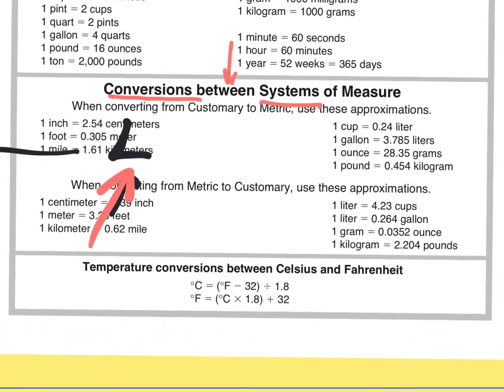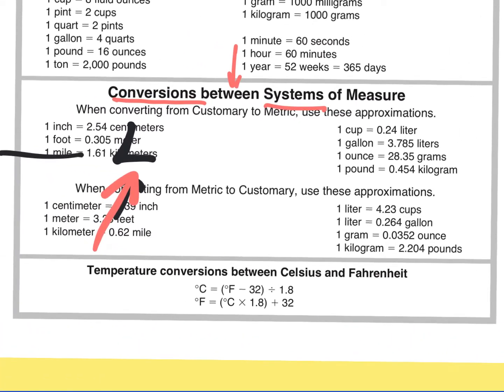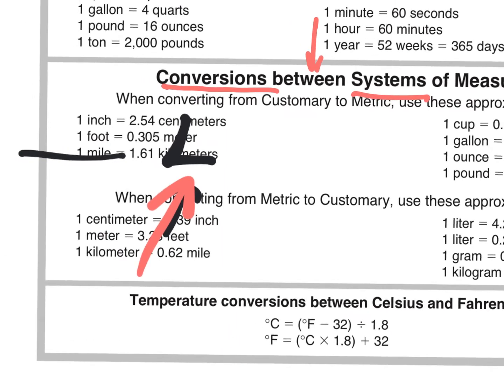So I'm going to look over here for a conversion factor that relates quarts to liters. I'm going to start looking over here. I have inches to centimeters, but I'm not measuring length, so I'm not going to look over here.